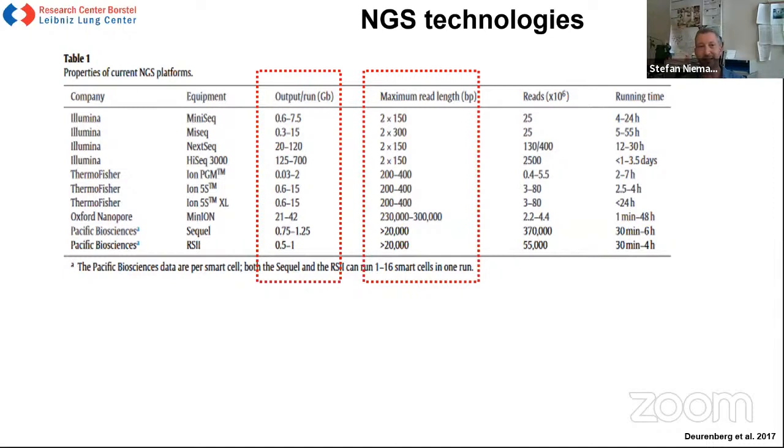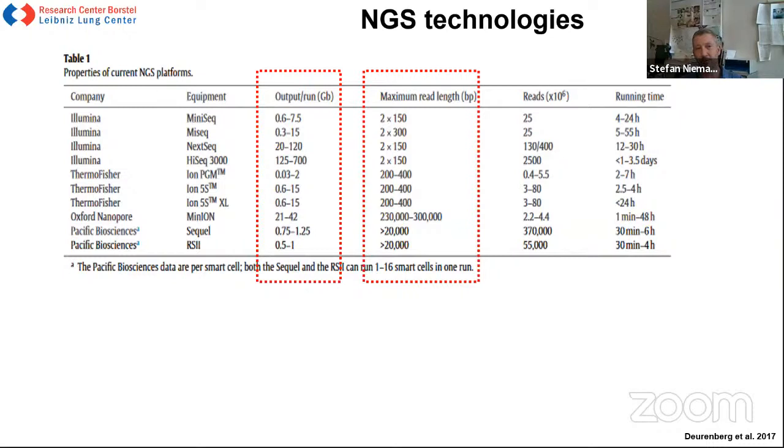For the NextSeq, you have to put at least around 100 samples on the machine, while on the MiniSeq, this is much lower. And for clinical diagnostics, this of course has some implications. If you are in a high incidence area with lots of samples, you need a larger machine, while if you just have few samples, then you can go for a smaller one.